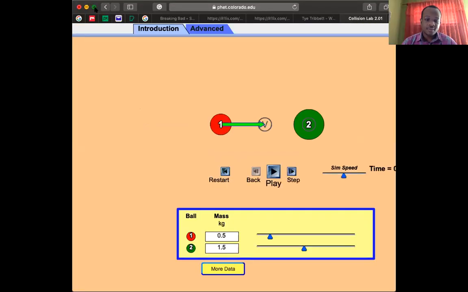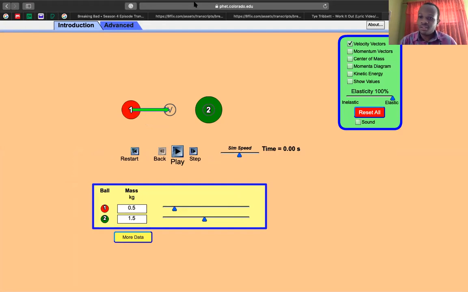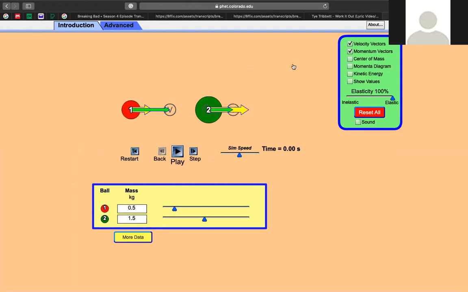So, we are here, right? We have our momentum, and we have our different masses. Say we move this. All right, let's leave it there.